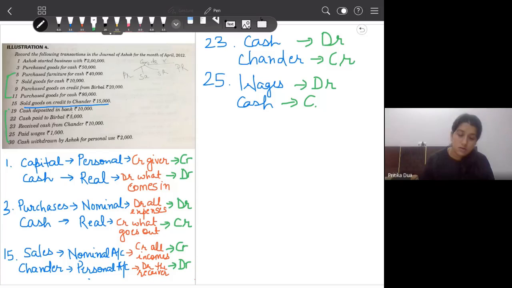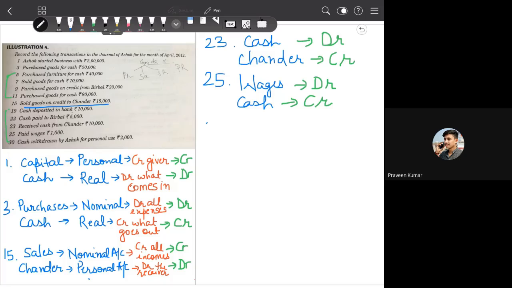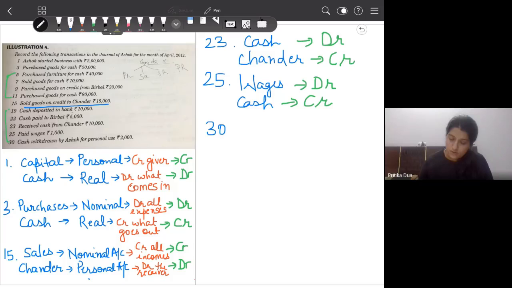Yes, Praveen, try and attempt the last entry. Yes, ma'am. There will be two accounts. One will be drawings, which will be debited, and the other will be cash, which will be credited. Okay, good. So when the owner withdraws money for personal use, it is the drawings account.